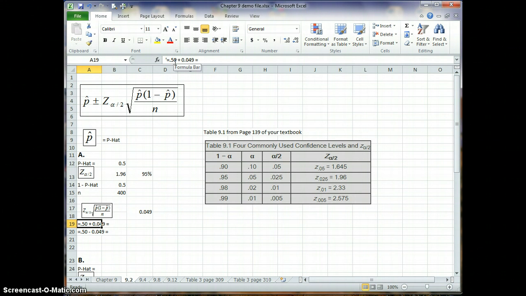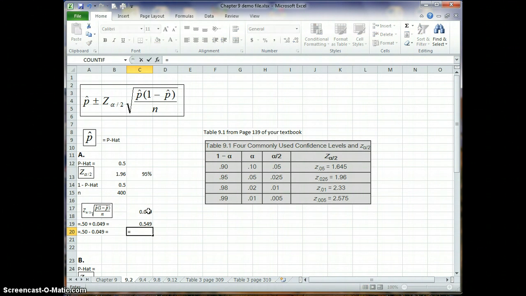It's basically the p hat plus the z-score for the confidence interval. So in this case, it's the upper confidence level, which would be equal to p hat plus this C17.